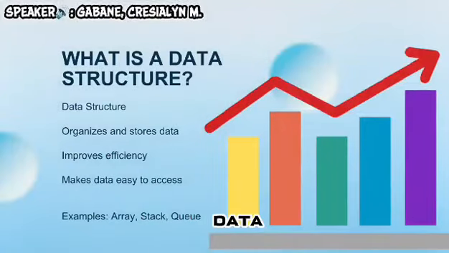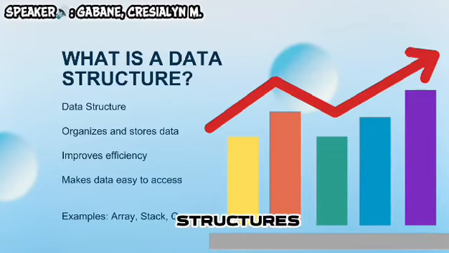So what is a data structure? A data structure is a way of organizing and storing data in a computer so that it can be accessed and used efficiently. Instead of storing data randomly, data structures help programs work faster and more effectively, especially when handling large amounts of information.